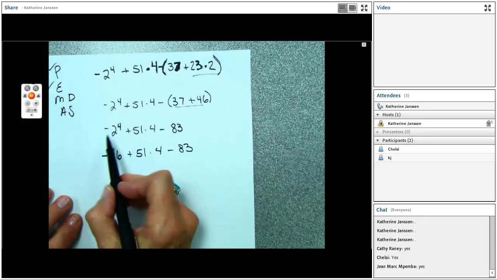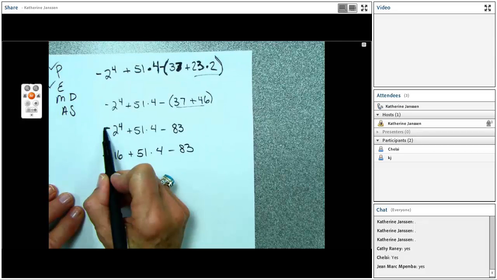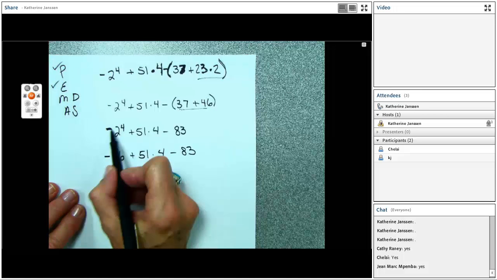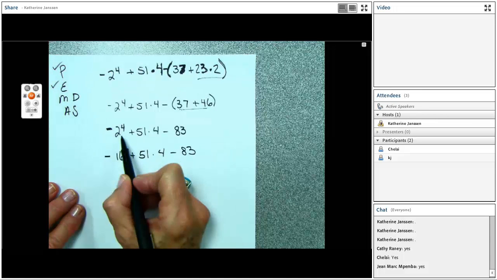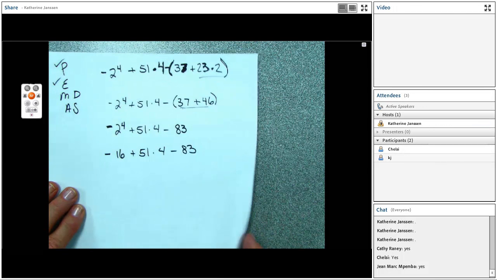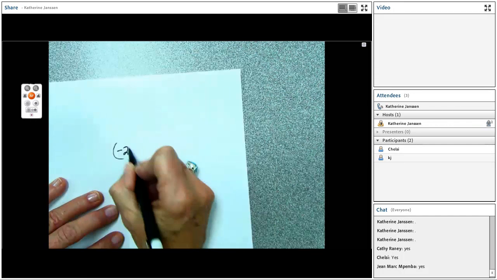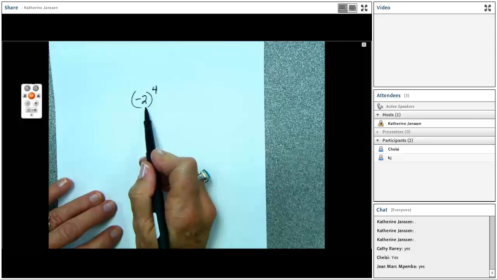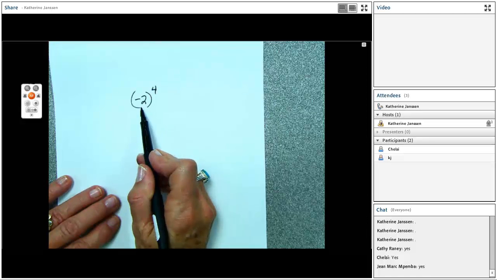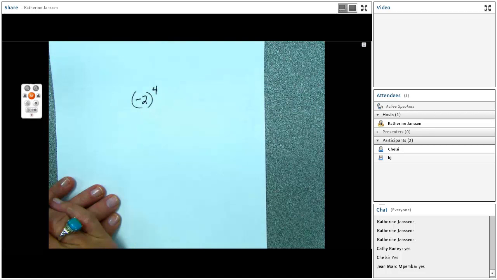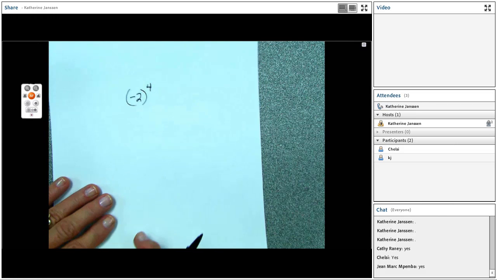Notice that it's still negative out here in front. This was negative 2, the base, to the 4th. We recall that a negative 2 to the 4th, we'd have to prioritize the sign of the base. And a negative 2 times a negative 2 times a negative 2 times a negative 2 is a positive 16.